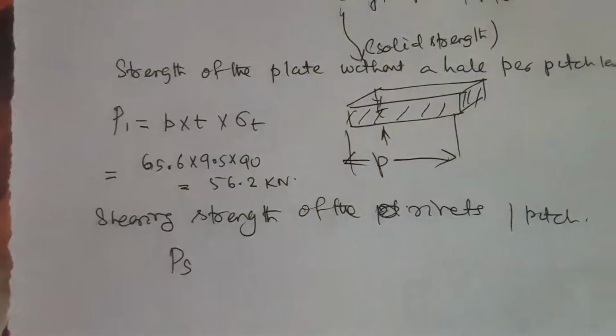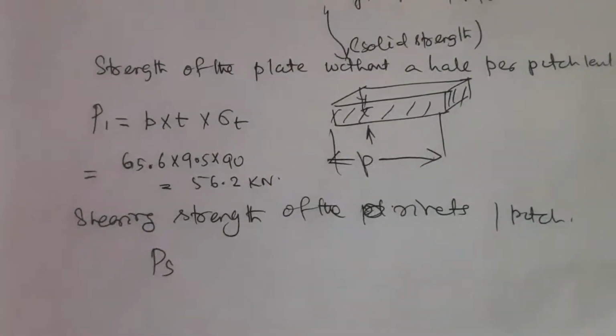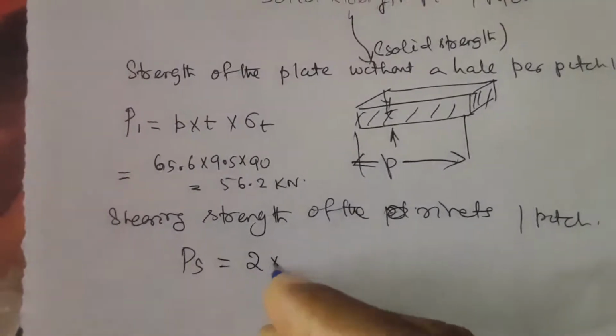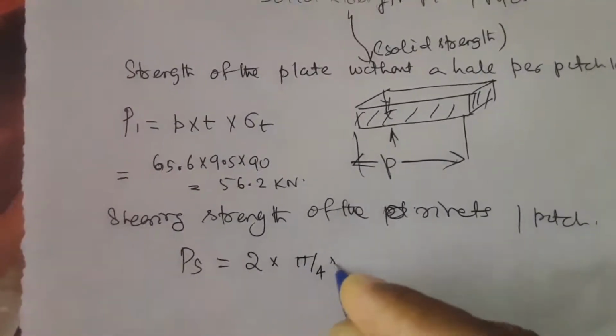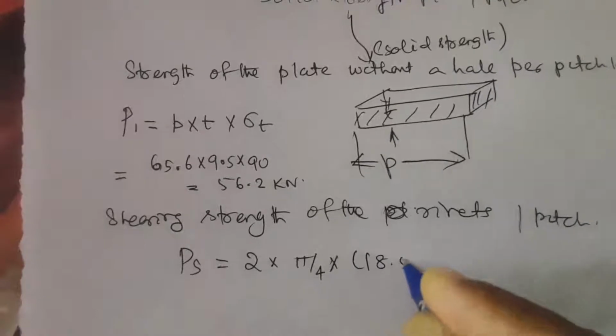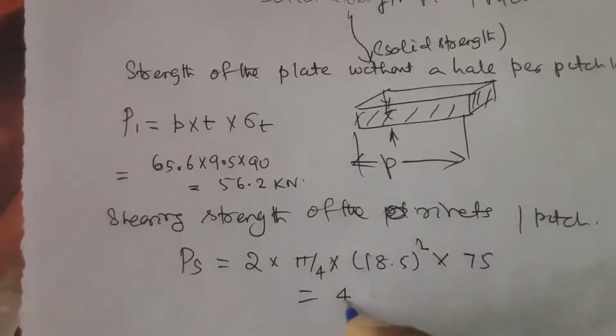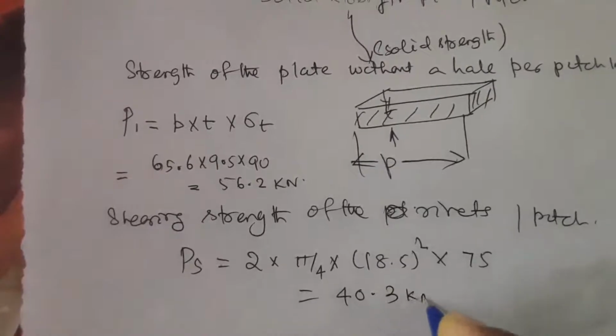So per pitch length there will be 2 rivets. So 2 rivets into pi by 4 into 18.5 d square into 75, and it's coming out to 40.3 kilonewton.